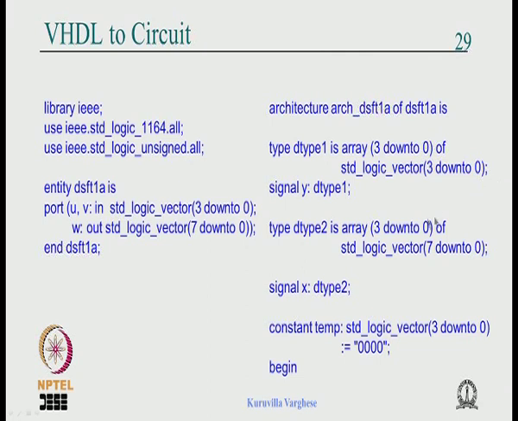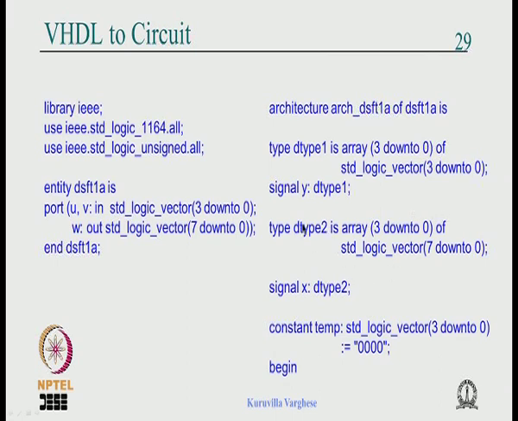And we have declared a signal called y which is of this type. That means y3 is a 4 bit vector, y2 is a 4 bit vector, y1 is a 4 bit vector, y0 is a 4 bit vector. Okay. So for whatever reason it is defined like that. You have 4 values each of which is 4 bit, and we have declared y. So you have y3, y2, y1, y0, or the other way y0, y1, y2, y3, each of which is 4 bit.